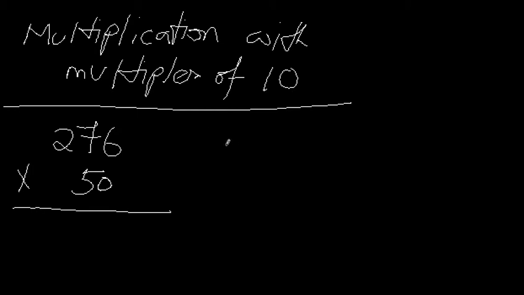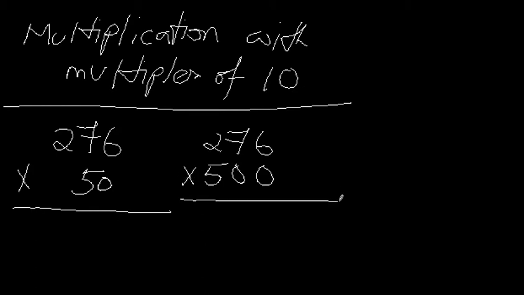Or suppose I do the multiplication 276 with 500. 500 is also a multiple of 10 because 5 into 10 into 10 gives me 500, and in 50 also you can see 5 into 10 gives me 50. So these are called multiples of 10 and we do the multiplication.